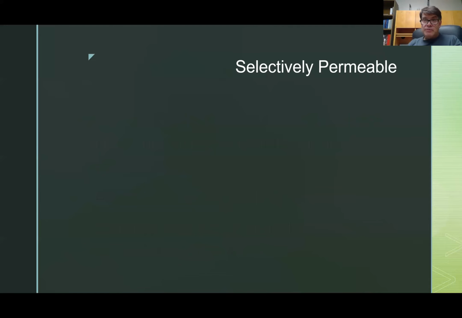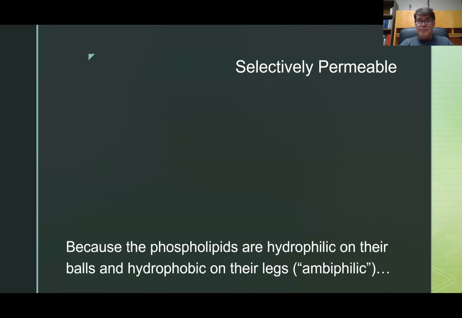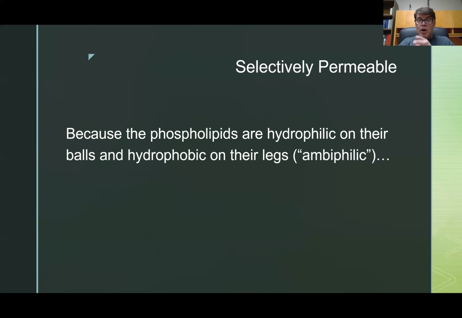Before we get to diffusion, let's remind ourselves what it means for something to be selectively permeable. Part of what makes it selective is this: remember, our phospholipids are very attractive balls with legs. The ball part of the phospholipid is polar, and therefore it's attracted to ionic stuff. But the legs of the phospholipids are lipid.